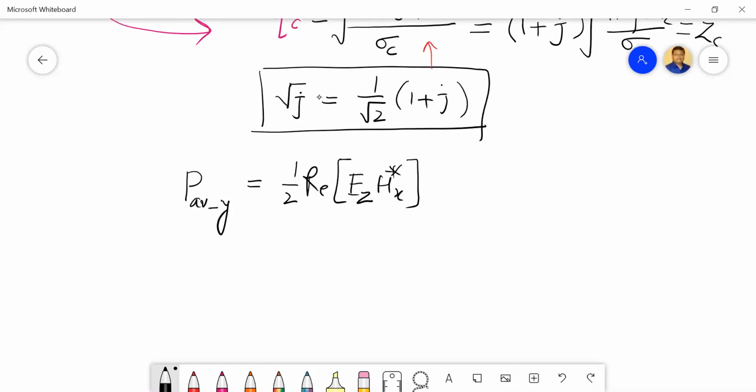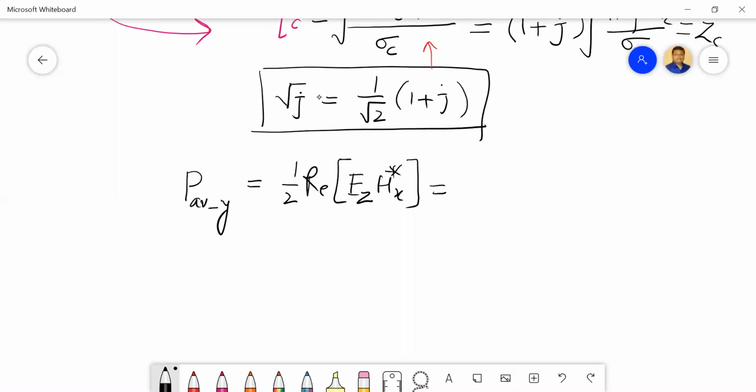Remember this. As I told earlier, this is going to contribute to your ohmic losses. And if you see this, this is P average in y, so there must be some flow in the y direction as well. Now let us expand this.